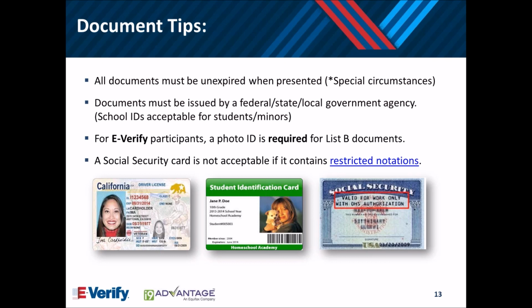And then finally, as we talked about previously, if a Social Security card contains one of those notations of restriction, that's not acceptable for Form I-9 purposes. You must ask for either a different document from List C or give back the B and C, and the employee can give you a List A document. Because again, that List A document proves both identity and employment authorization.